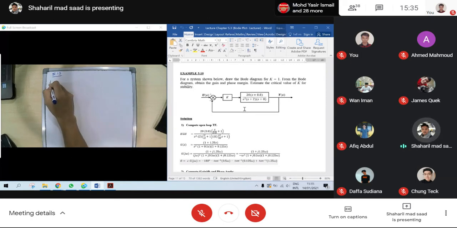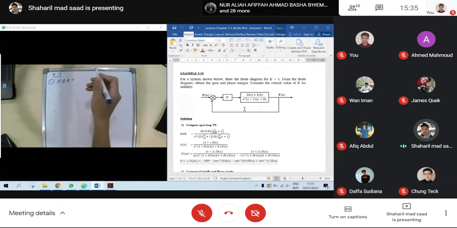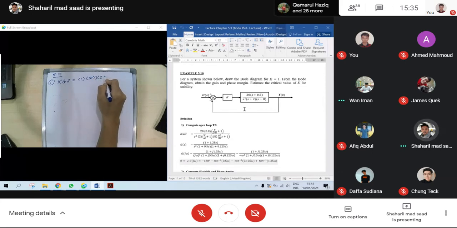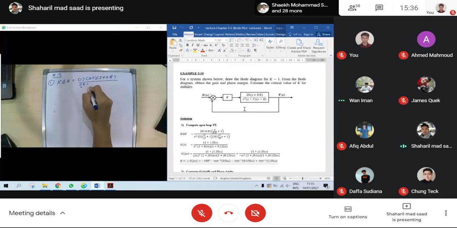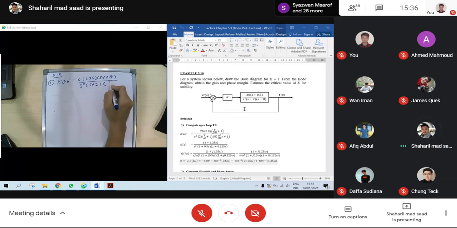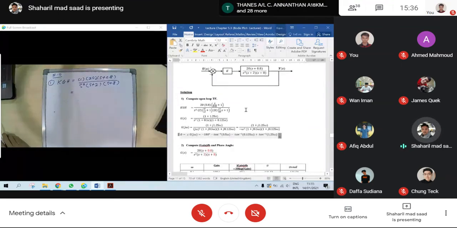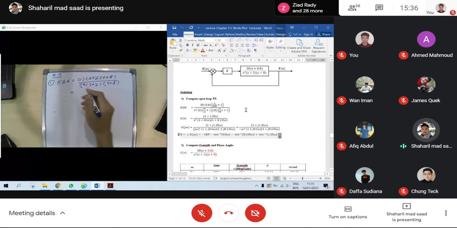First step, of course, which you cannot avoid, is the open-loop transfer function KGH. Then K is 1, and 20 times s plus 0.8, divided by s squared, s plus 2, and s plus 8. Then if you simplify this one, you will get it here.